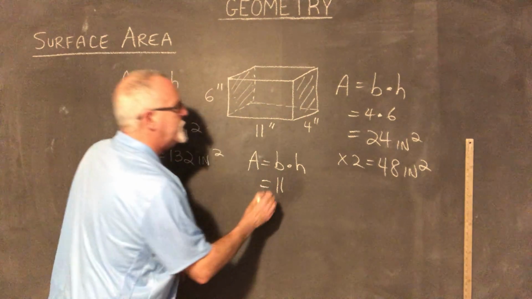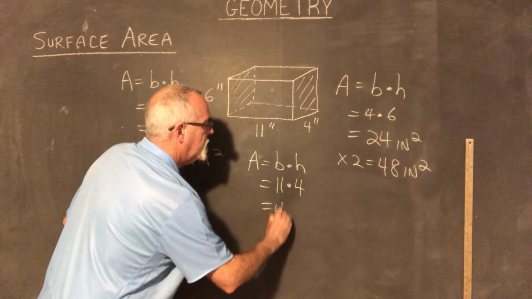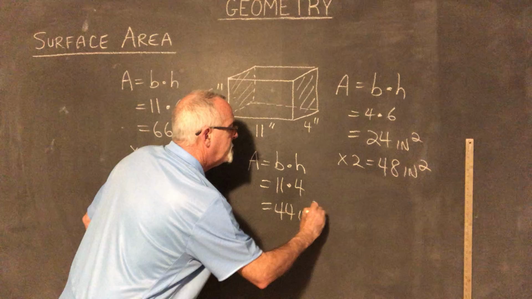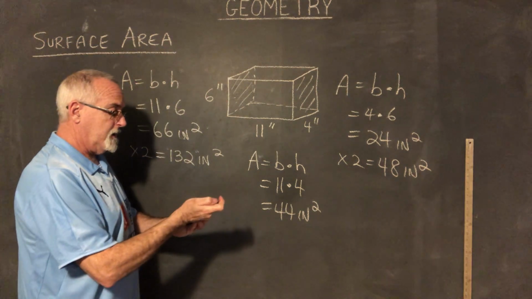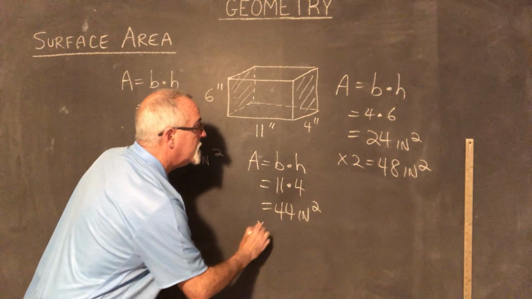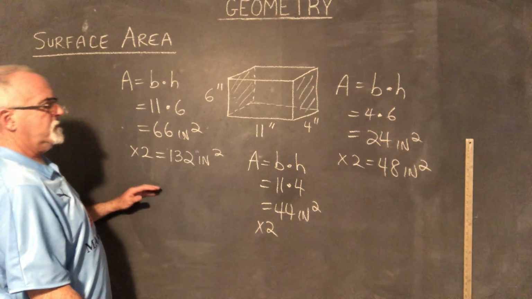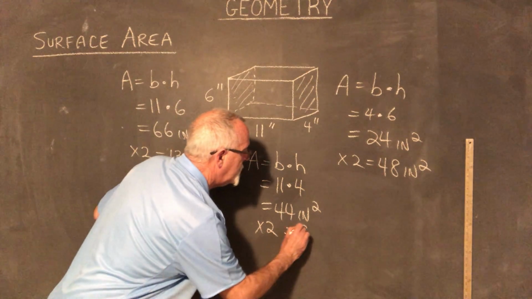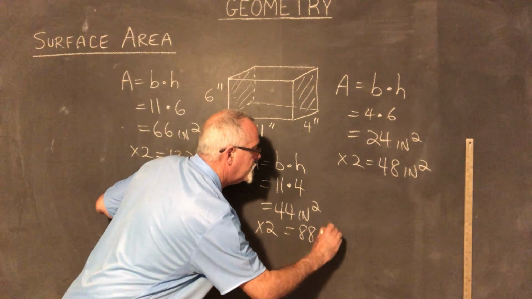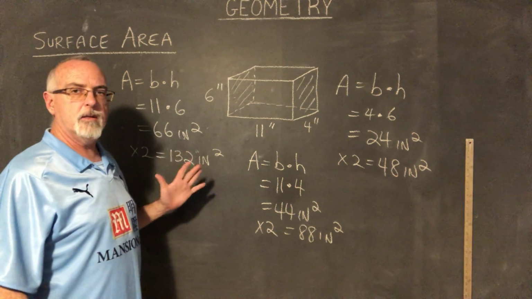I'm going to say 11 inches is my base and 4 inches is my height. So I have 44 square inches, but there are 2 of those as well, the top and the bottom. Need more chalk. Times 2 equals 88 square inches.